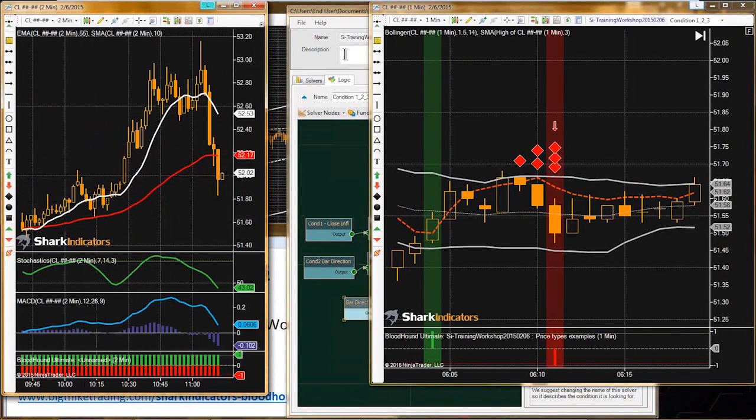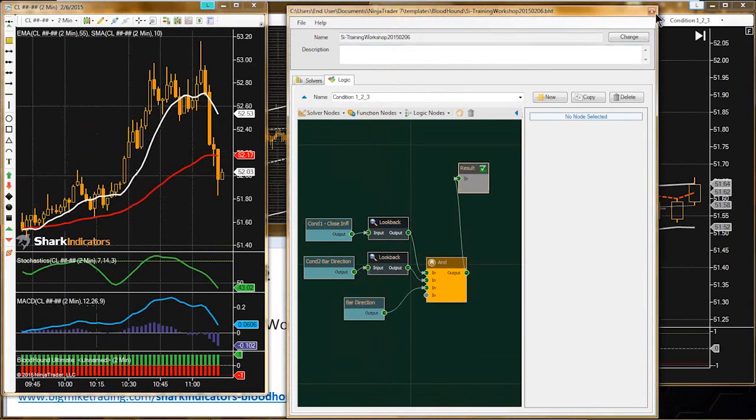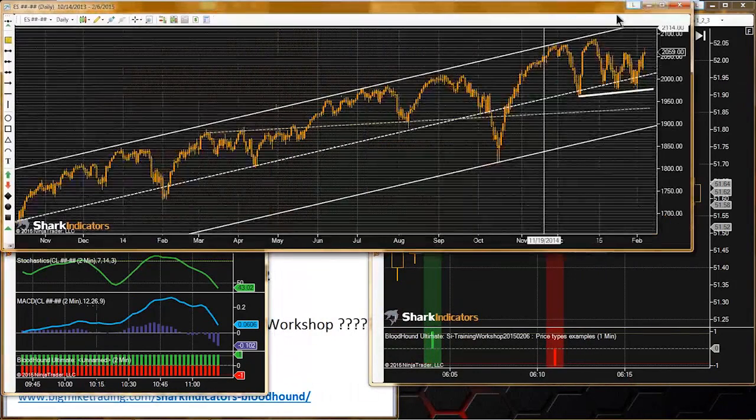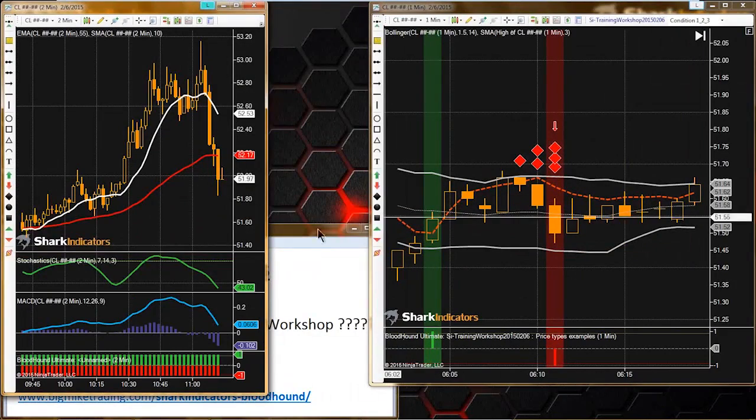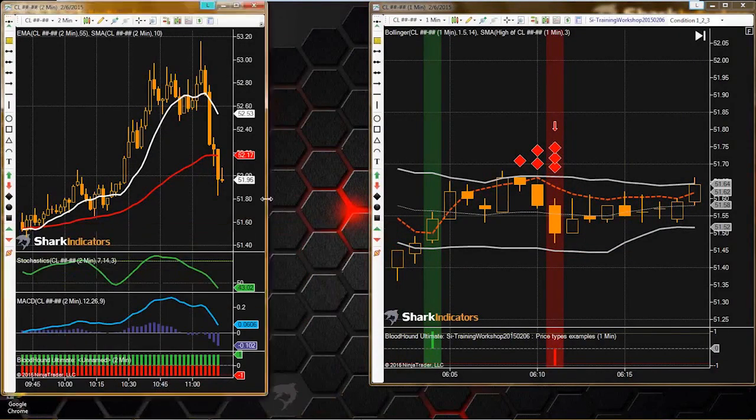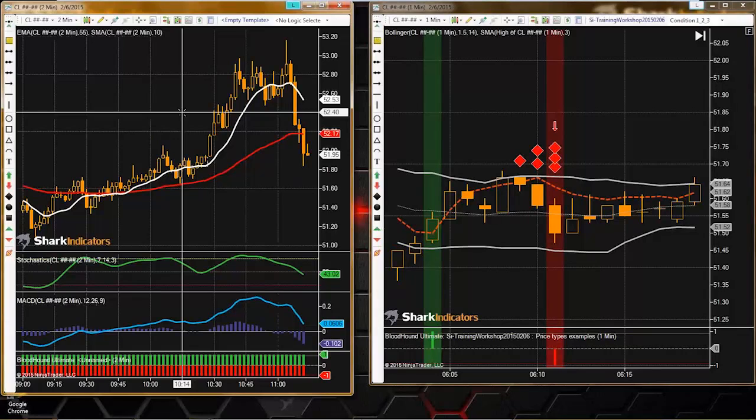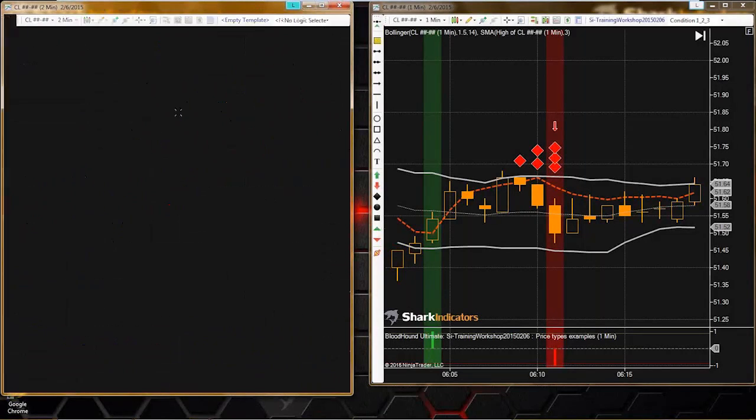Both of these charts here are oil. Let me close BloodHound, and let me get rid of the ES and minimize that. There we go. Okay, so let's make this a 4-range chart.